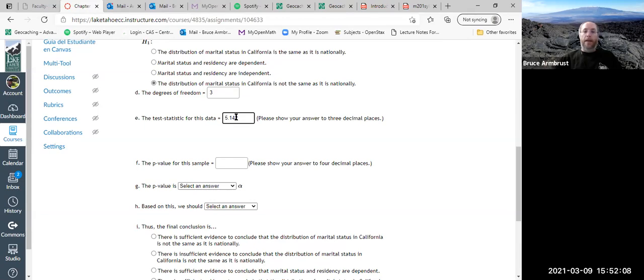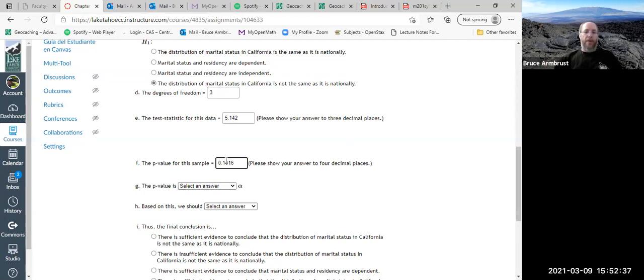Because the chi-square was coming from expected minus observed, and then we squared it. So if that's big, that means the differences are large. So the fact that this is only 5 something, that's not very big. The p-value we were given is 0.1616.